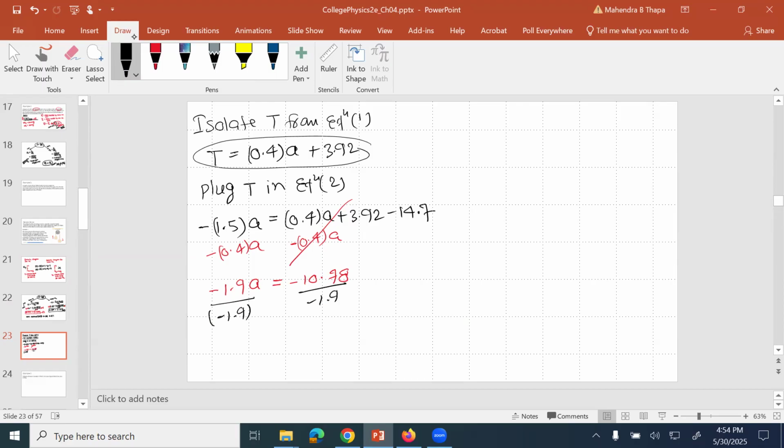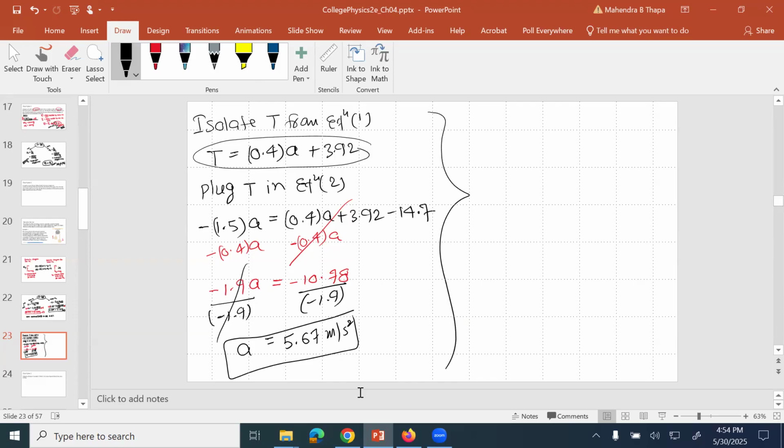That gives A equals 5.67 meters per second squared. That's how we get the acceleration.